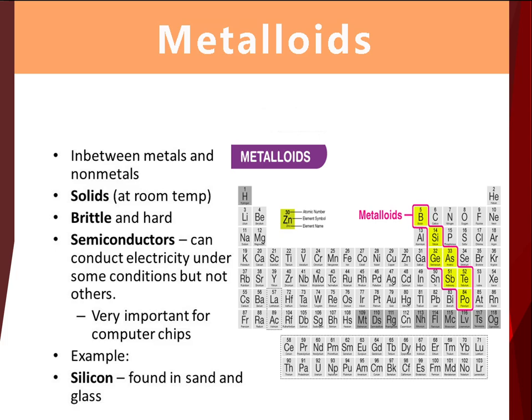The physical properties of metalloids are related directly to the attractions between the valence electrons and their nuclei. Metalloids hold on to their electrons more tightly than metals do, but less tightly than nonmetals do. Metalloids tend to share electrons the way nonmetals do.